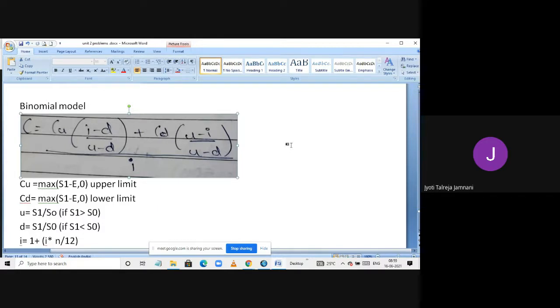In the future the price can go to 55, that is above 50. In that case, what should be the premium? It can come down to 45, below 50. So what should be the premium? So it basically finds out the risk level if the price increases and if the price decreases. So it considers both the upper limit and the lower limit of the share price and finds out the premium.